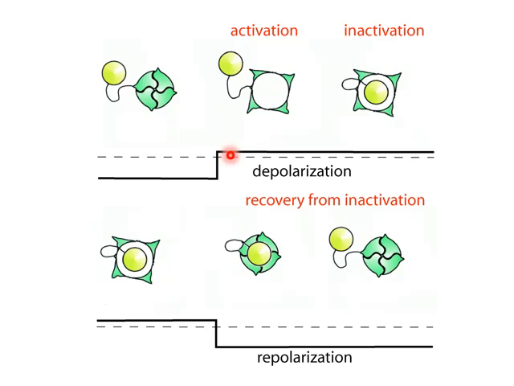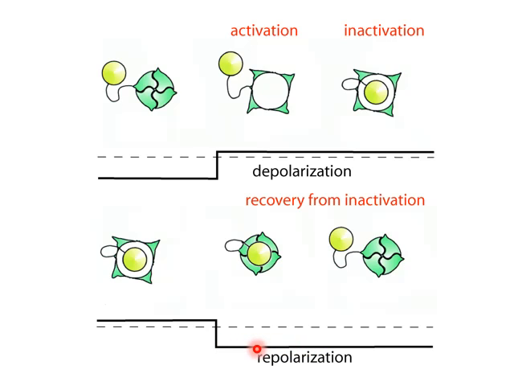As long as the cell remains depolarized, the ball and chain remains in place, and the channel remains inactivated and unable to conduct sodium ions. This can last for however long the cell is depolarized, for many, many seconds. The only way to remove inactivation is to repolarize the cell to a negative potential, let's say near the resting membrane potential.